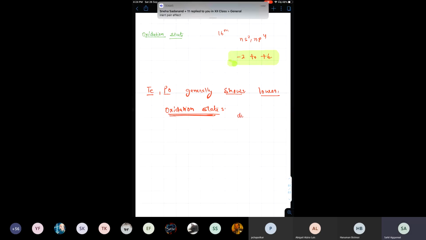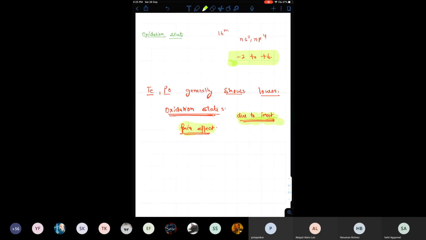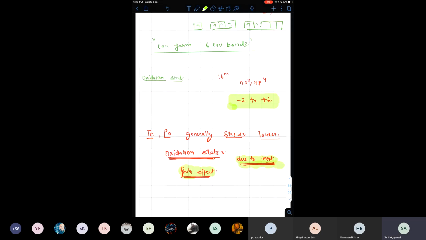Due to inert pair effect. The elements present in the lower positions of the group show inert pair effect. Hence, their s orbitals do not get excited.